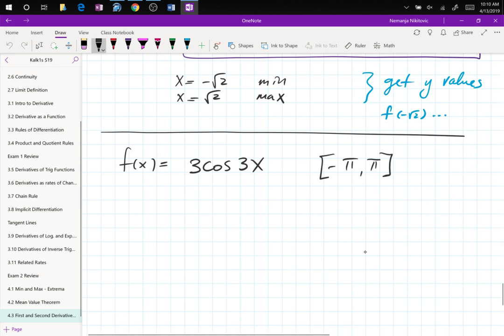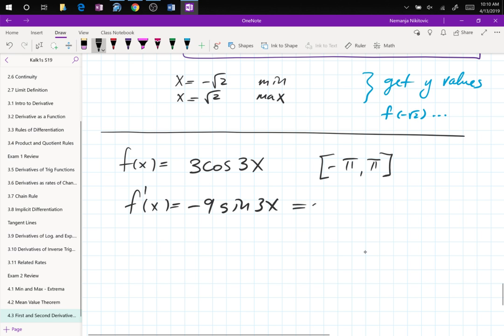Now you technically should know what this graph looks like because you took the trig course and there was graphing there which says this is your A, this is your B, and now you can graph it. But in calculus we are bypassing all of that. We're just going to do the derivative, f prime of x, which is going to be negative 9 sine 3x. The chain rule kicks in and the 3 multiplies the 3 in front.